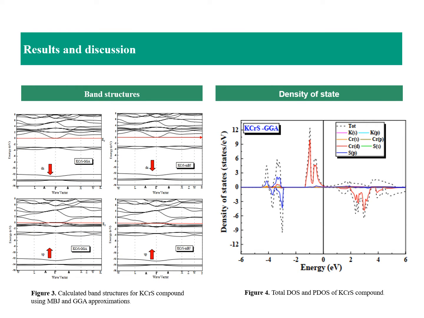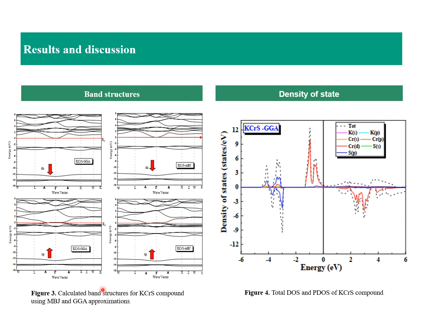For band structures, we start with the first compound, potassium chromium sulfur, in both approximations GGA and MBJ-GGA. In the spin up direction, we see that the compound exhibits an overlap between the valence and conduction bands, as we can see here.